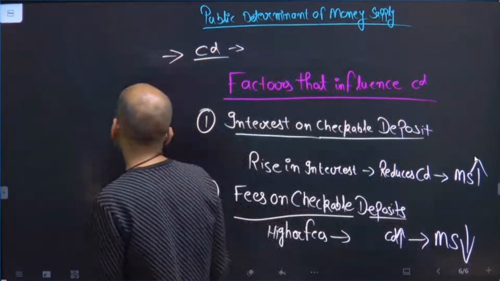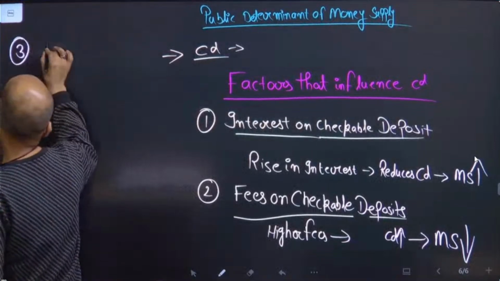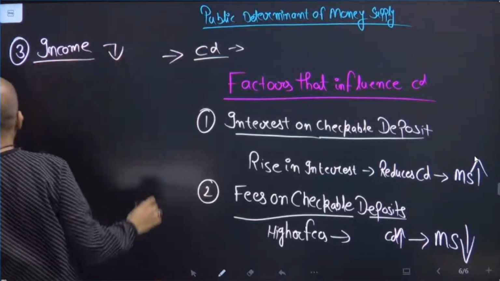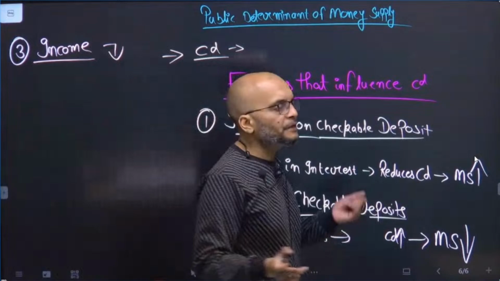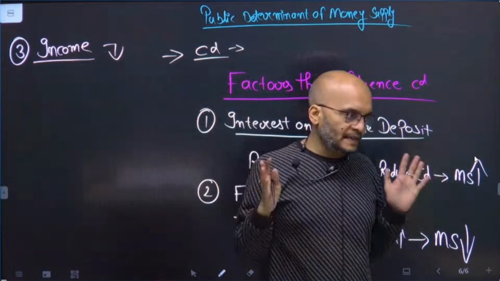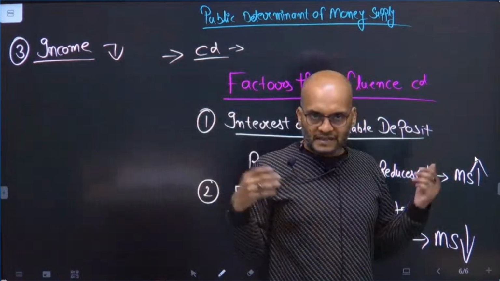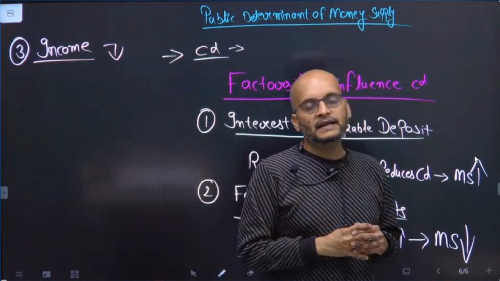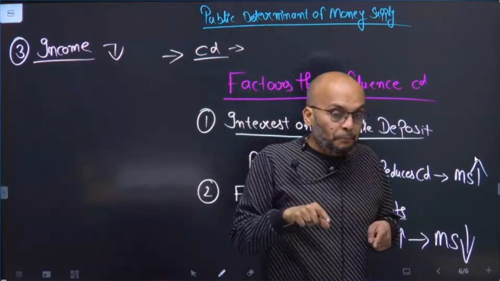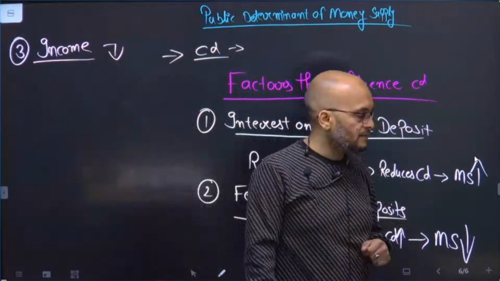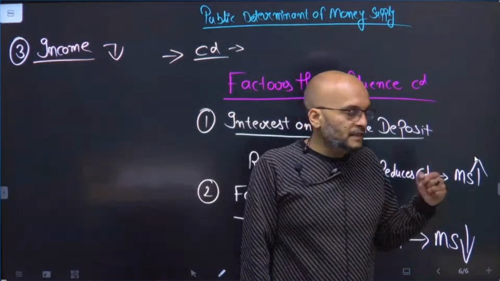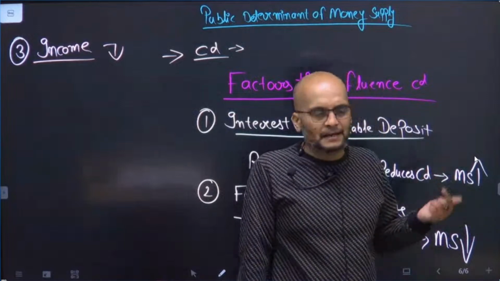Okay, fine. Next is income. Guys, it has been observed by studying the data. For several years, data was collected and studied, and it has been observed that when income of the people increases, they deposit more and more money in banks. Might be they are under threat that some burglar may turn into their house and steal the money, or whatever the reason might be.